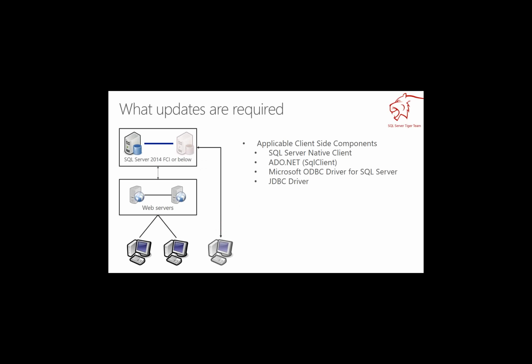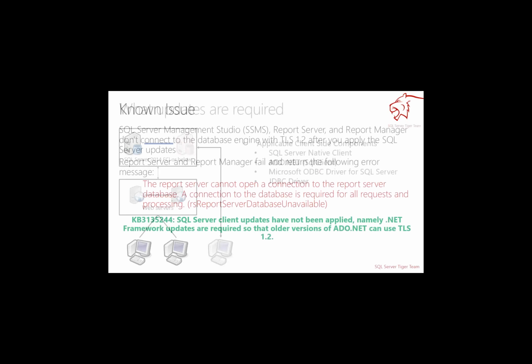Let's talk about what kind of issues you will face if you don't update. So whatever I talked about right now, if you don't follow these steps and apply the required updates in your entire topology, what are the kind of issues that you could face?